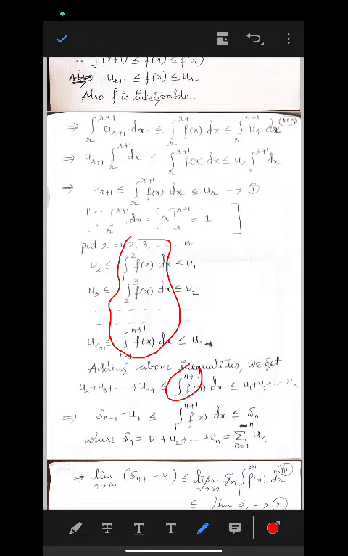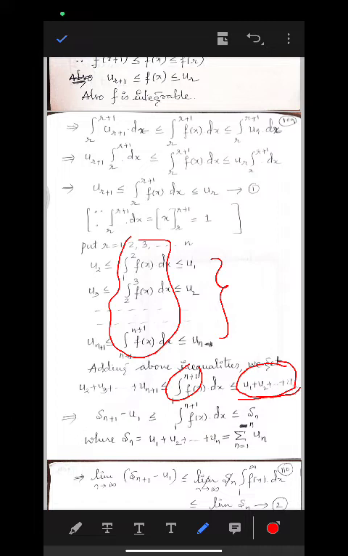So on the right side of the inequalities, obviously we get u1 plus u2 plus so on plus u_n, right? If you observe these terms, what can I represent u1 plus u2 plus so on plus u_n as?